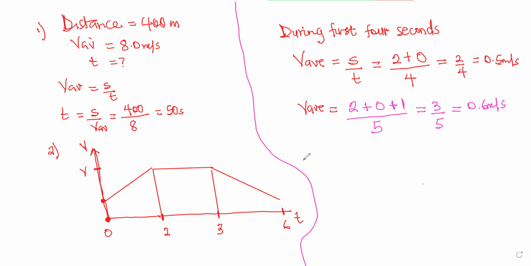Then which graph represents an object moving at a constant speed for the entire time interval? Constant speed.